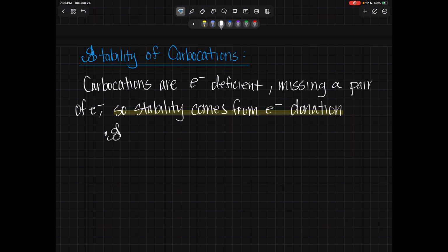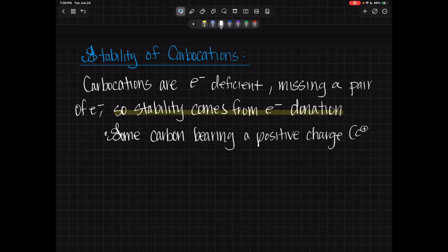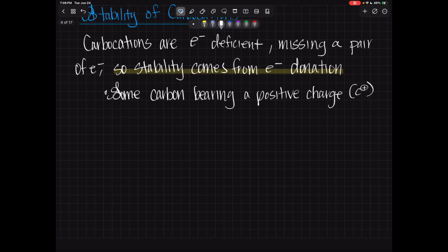Some carbon bearing a positive charge, which we do denote as a C+. And it usually has only 6 electrons in its valence shell.